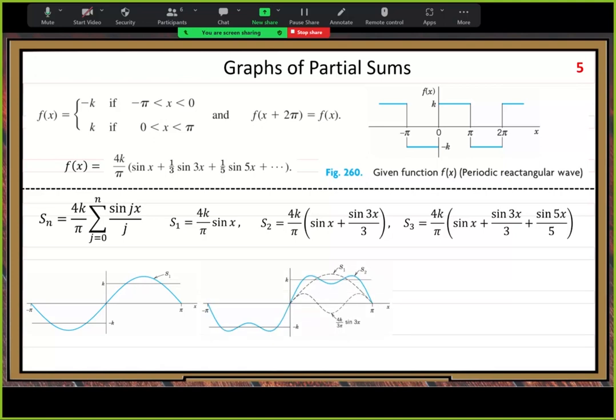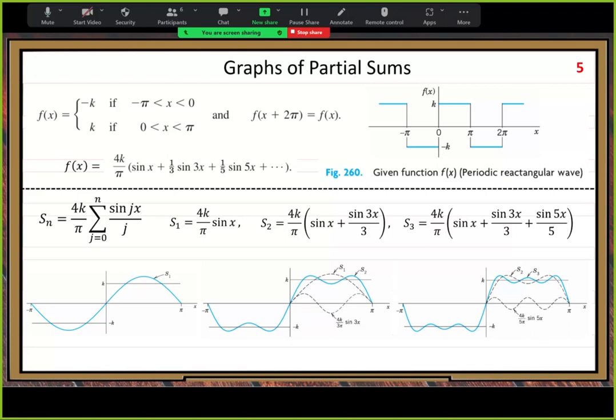The second partial sum looks much better, it approximates our destination function much better, but it's still a continuous, smooth function. The third one, you can see the approximation is much better, very close to the destination.